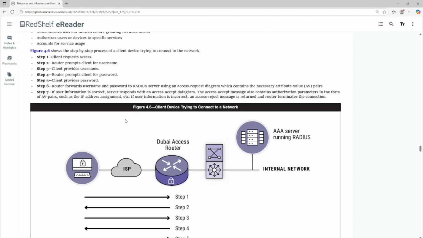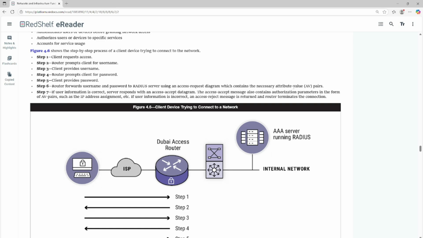Client sends a request. Router prompts client for a username. Client provides a username. Router prompts client for a password. Client provides a password. Router then forwards the username and password to the RADIUS server using an access request datagram which contains the necessary attribute pairs.